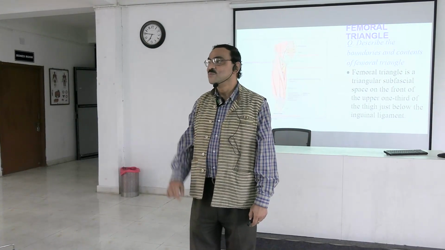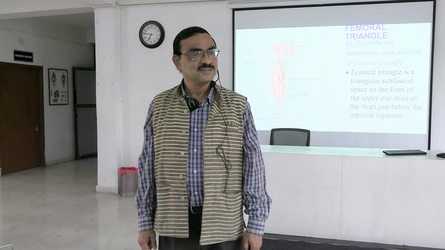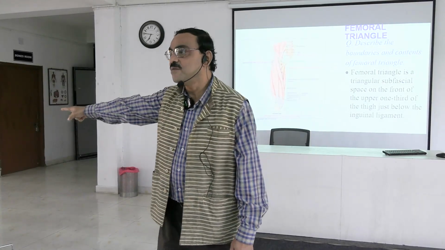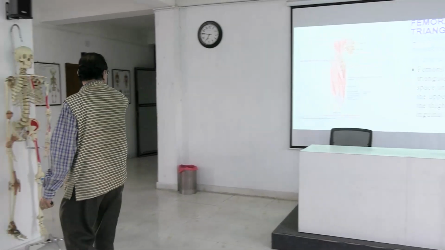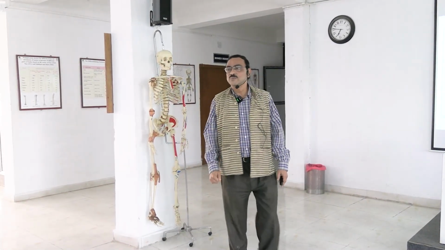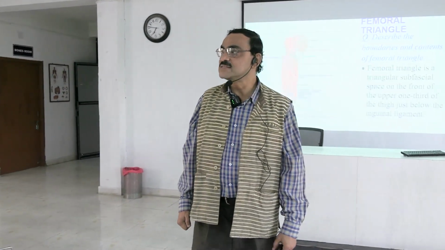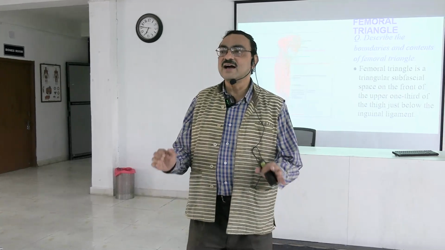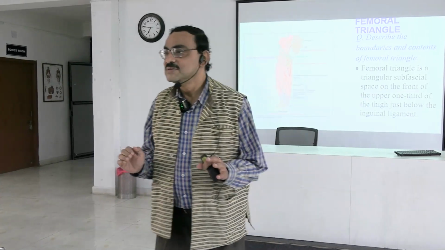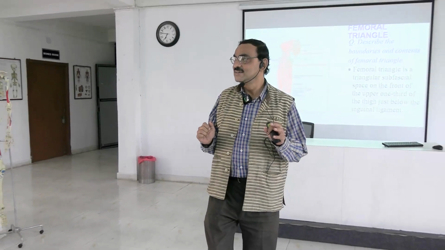And one of the important muscles is the sartorius muscle, which takes origin from the anterior superior iliac spine, goes down, and is inserted over the medial aspect of the upper part of the tibia. It is called the tailor's muscle. When a tailor sits at the sewing machine, what does he or she do?